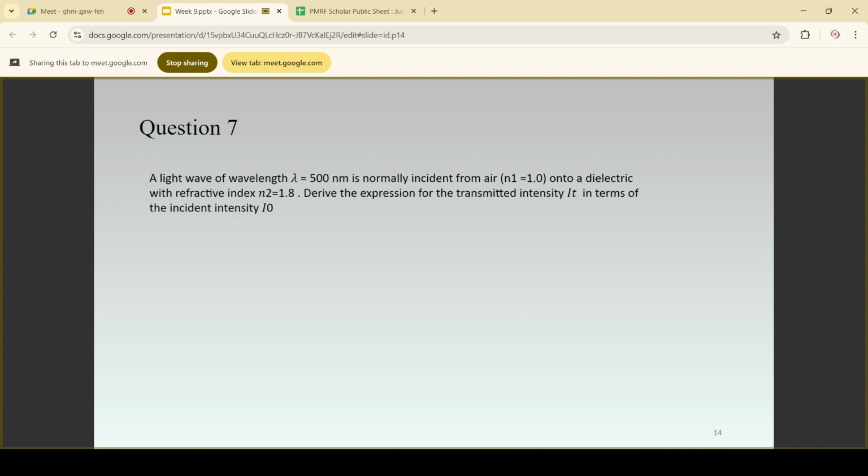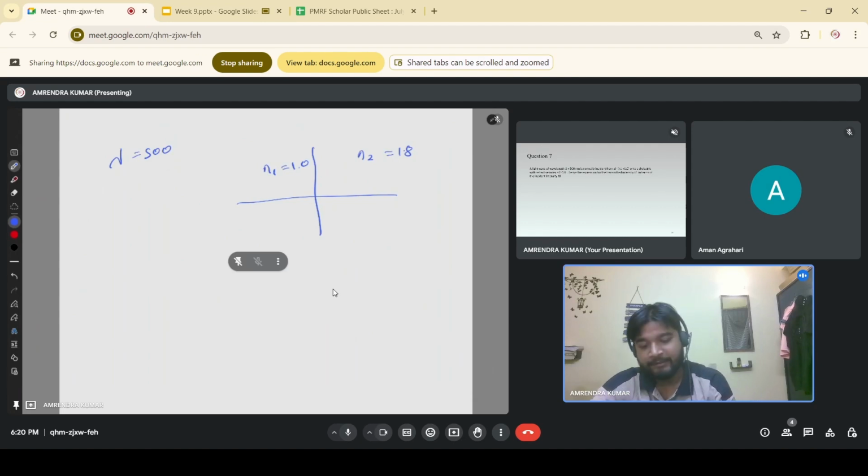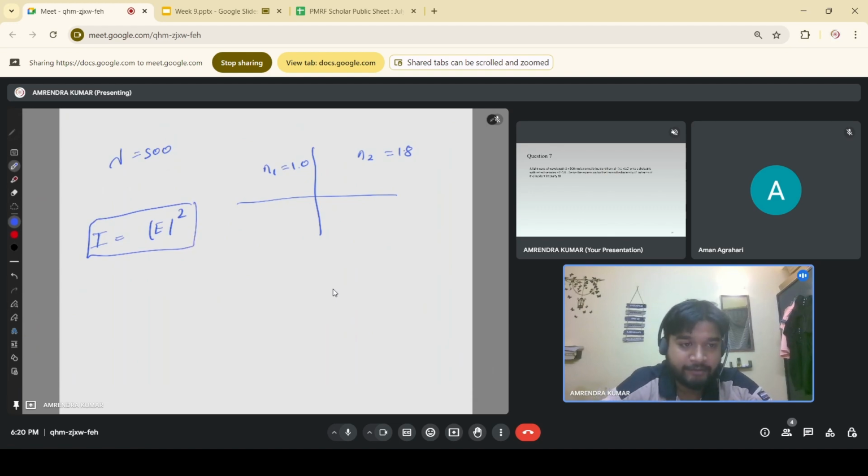They are asking what will be the expression of transmitted intensity in terms of incident intensity I. Intensity is nothing but the electric field square; this is how intensity is defined. Now you want to calculate the intensity IT.